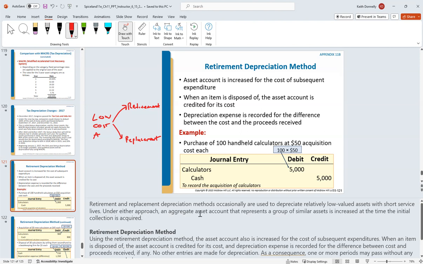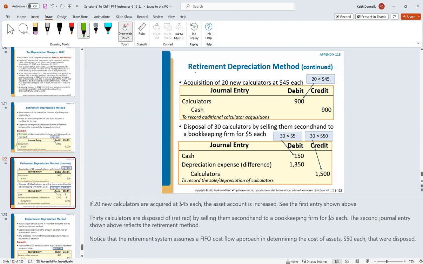Under either approach, an aggregate asset account that represents a group of similar assets is increased at the time the initial collection is acquired. So, hey, we buy those guys: debit calculators, credit cash. If we're talking about the retirement method, whenever we buy more calculators, we're going to do debit calculators, credit cash.